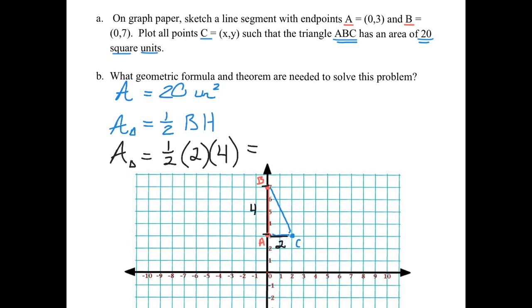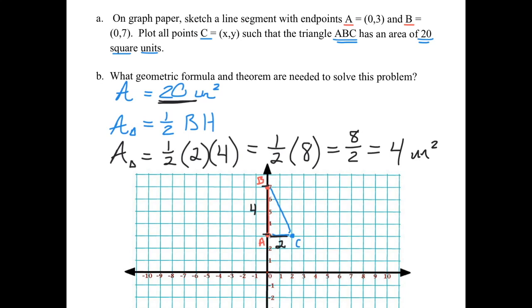If I simplify this, I end up with 1/2 times 8, or 8 divided by 2, which equals 4. So I end up with 4 square units, which is not equal to the 20 that I need.